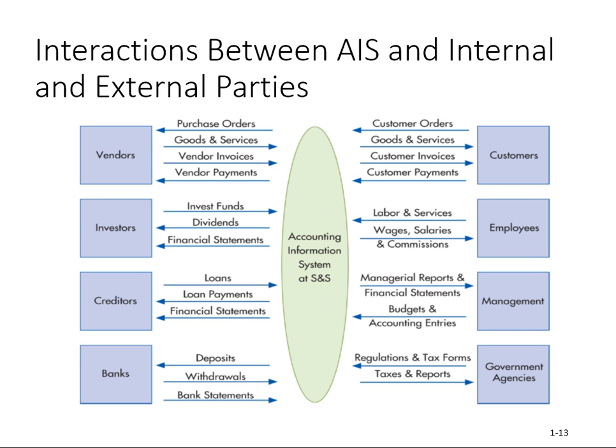Right, so this graph shows the interaction between AIS and the different parties. For example, for vendors, we're going to capture information such as purchase orders, goods and services provided, vendor invoices and vendor payments.